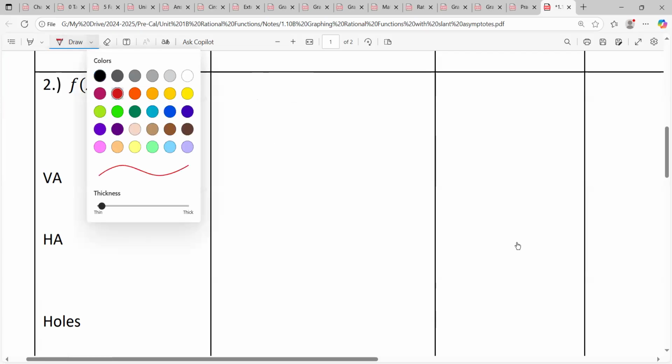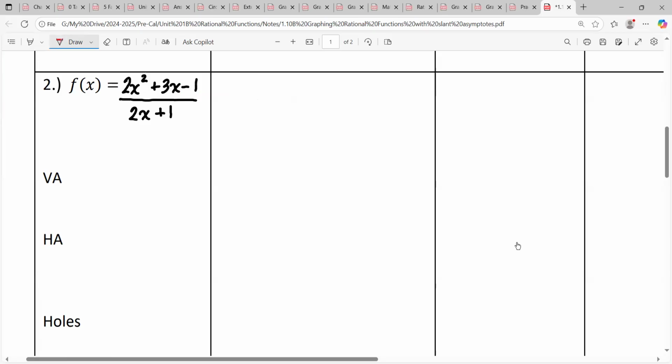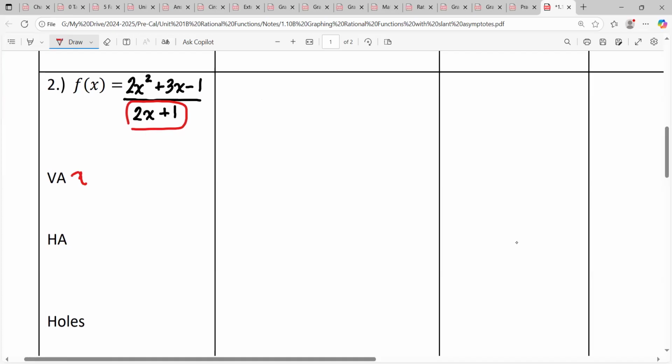What is our vertical asymptote here? What can't x be? What's my vertical asymptote going to be? -1/2, right? 2x plus 1 equals 0, so x is minus 1 divided by 2. Okay.